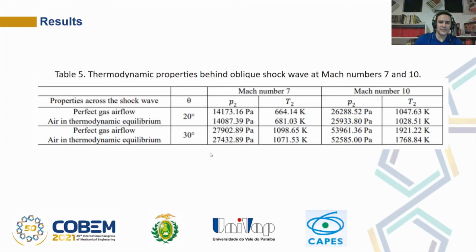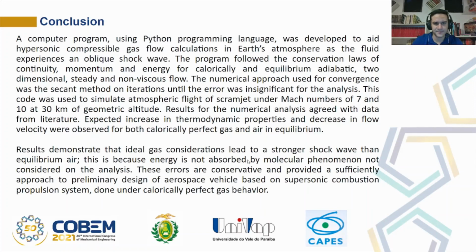And here you get the final results for pressure, temperature after the shock wave for Mach number 7 and 10 and for theta values of 20 degrees and 30 degrees. We can see too that the pressure and the temperature are lower for our air in thermodynamic equilibrium.